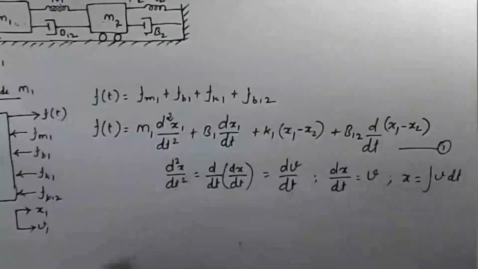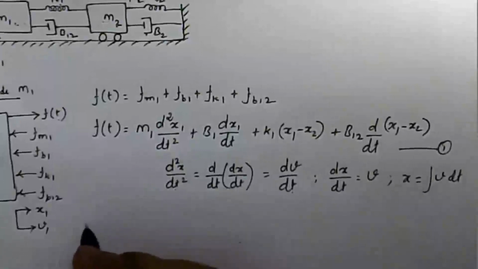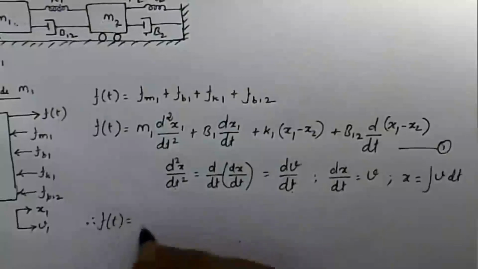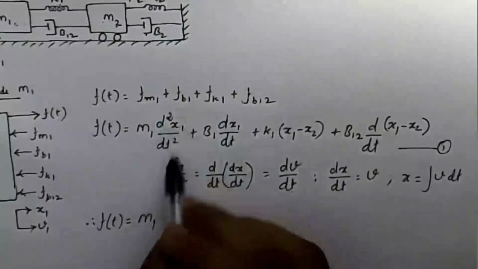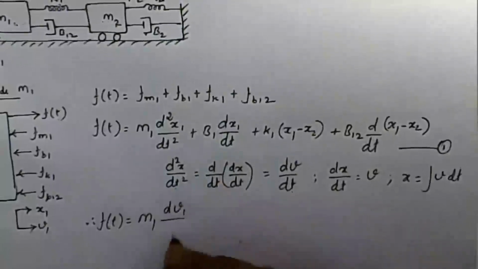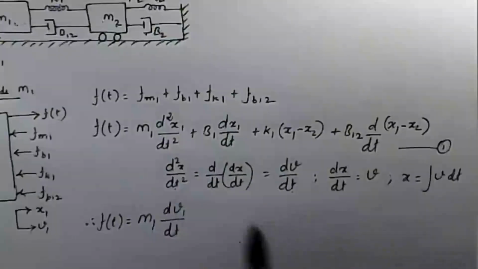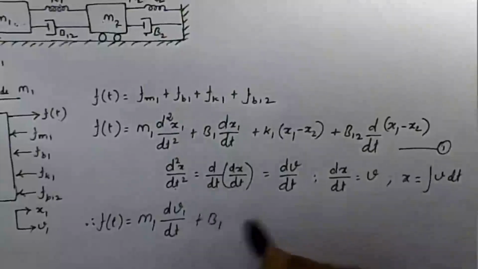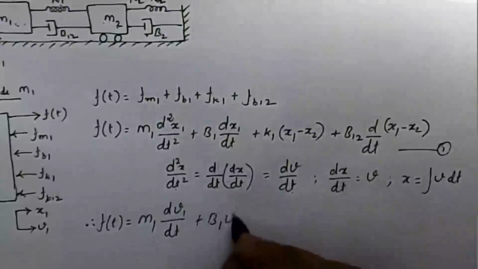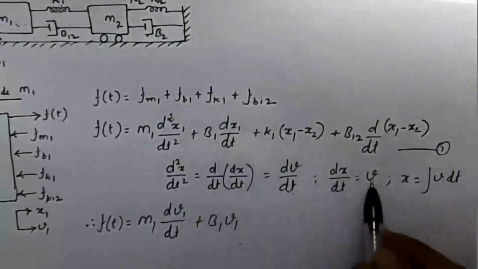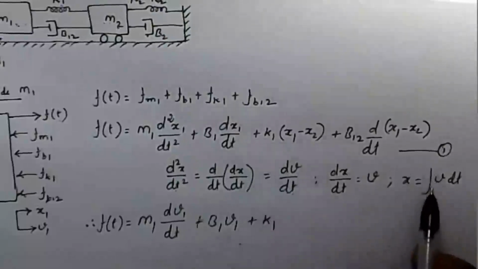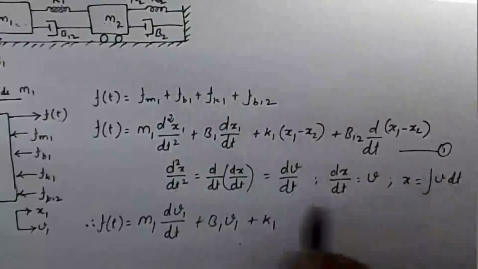Substitute like this. Therefore, f of t is equal to m1 into d square x1 divided by dt square. Substitute dv1 divided by dt, plus b1 into dx1 divided by dt, that is v1. Then plus k1 into, in the place of x, substitute integral v dt.